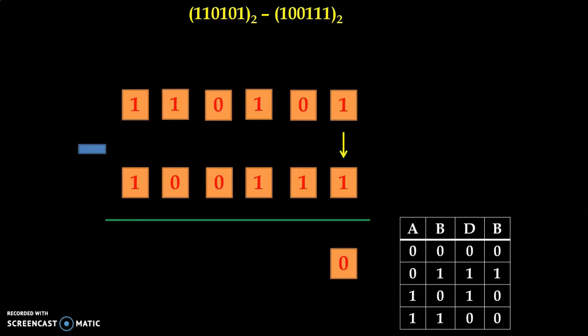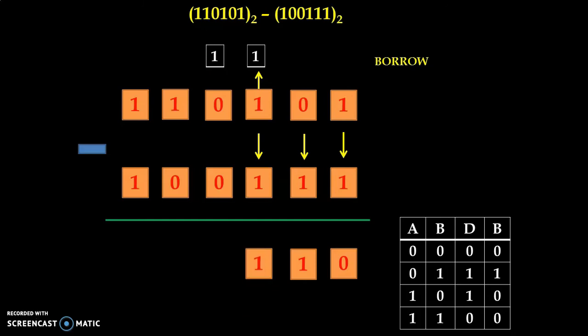Now second, that is 0 minus 1. So we have to take a borrow, right? So 0 minus 1. So the answer or difference is 1, but at the same time we have to take 1 borrow. Now the next process is very important. So 1 minus 1, so we know that the difference is 0. And 0 minus 1. Again, the situation is the same. 0 minus 1. So the difference is 1 and again we have to take borrow 1.